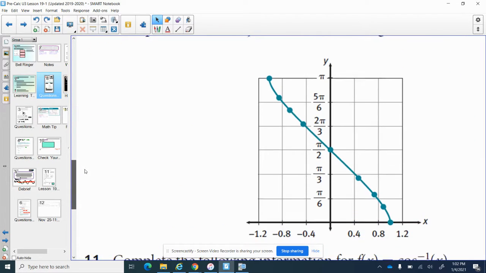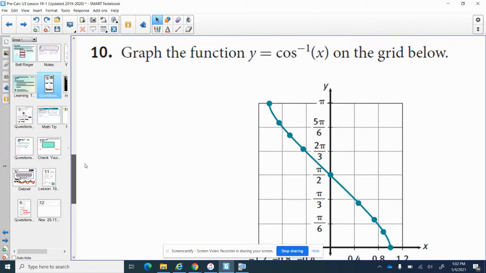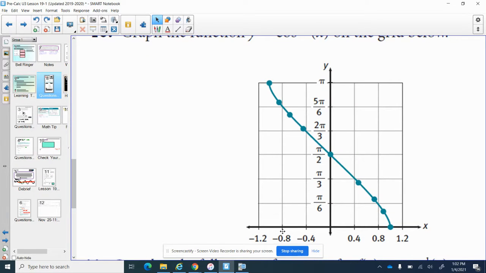Now, this function of the inverse would look like so, because again, the y values from the old graph are now our x values, and our x values from the previous graph are now our y values, and this is our flipped around. We're just basically taking that table from the previous page and flipping them around.